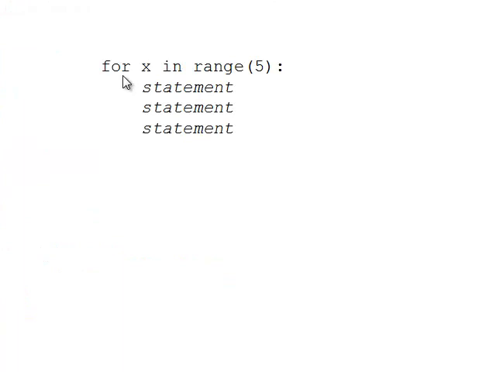In Python, the for loop is commonly used in conjunction with the range function. The range function is part of the Python standard library, and it's a function that can generate a sequence of values that works like a list.